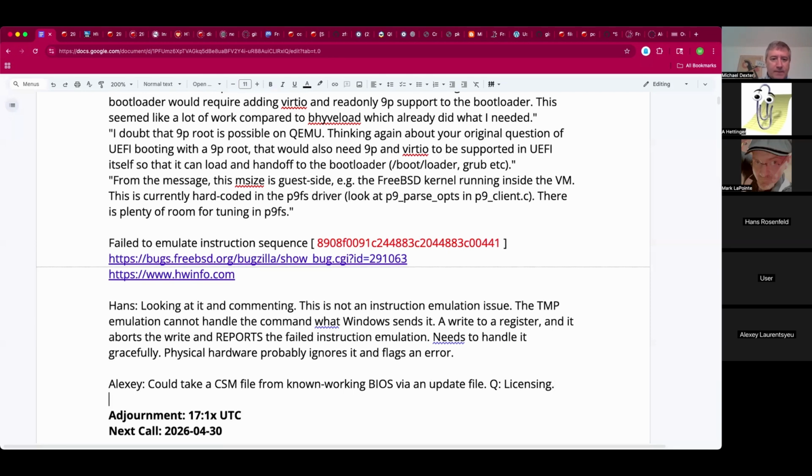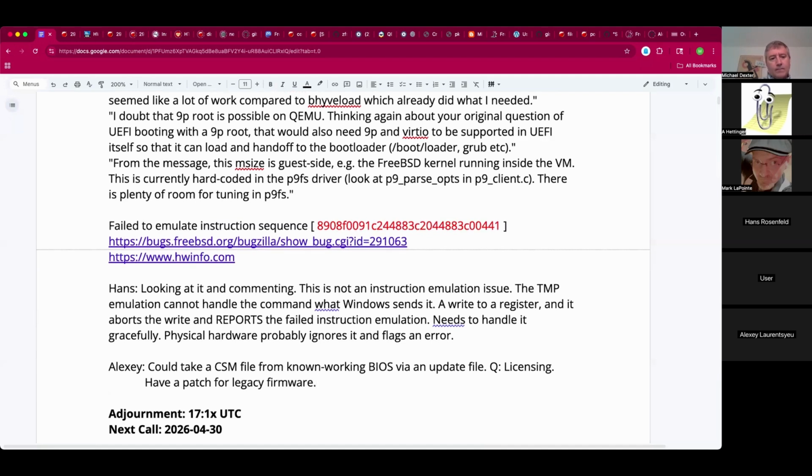So there's that. Alexei, any new thoughts on having a legacy bhyve firmware to support the older goodies? I already have a patch for the legacy bhyve firmware, but I'm thinking I should downgrade it even more, not just to the latest version that supports Windows, but to the latest pre-update EDK2.